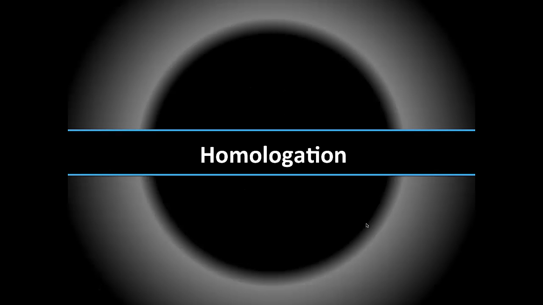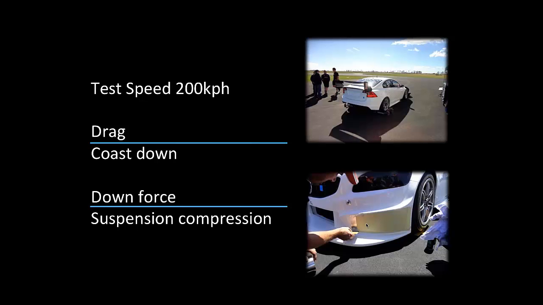Part of it is to do with this process here, homologation. So we go out to, this is Sail RWF base, go to a test speed of 200 kilometres an hour, so we just have a diff ratio in the car and it just hits the limiter in fifth gear. And then we have a coast down test for drag, and downforce is calculated through suspension compression on the car.